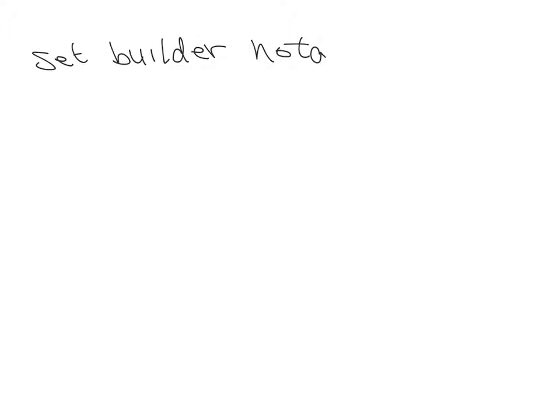But the thing I really want to go over is what is called set builder notation. I think we've gone over this, but let's look at it again. Set builder notation is going to look like this. A little brace. I may say x and y, meaning the set of x, y, if you were to graph it on an xy axis.